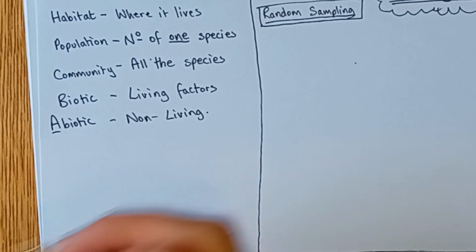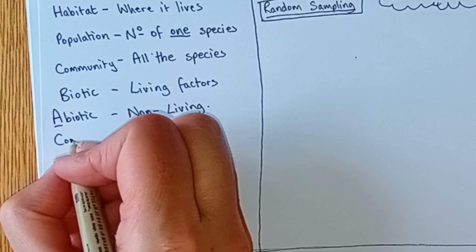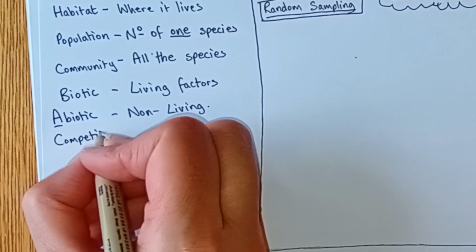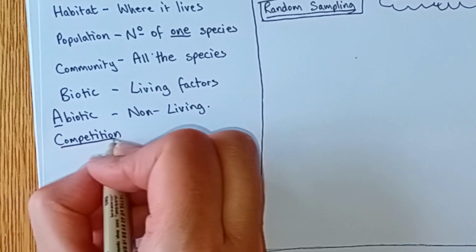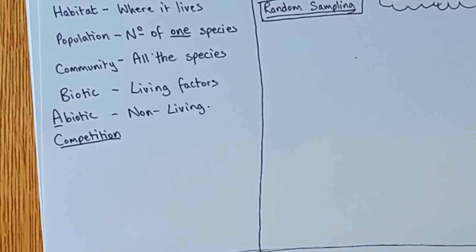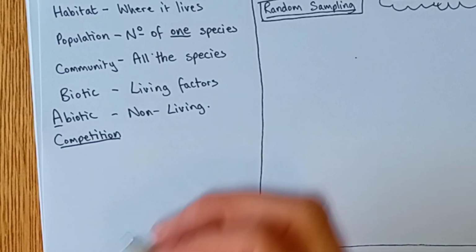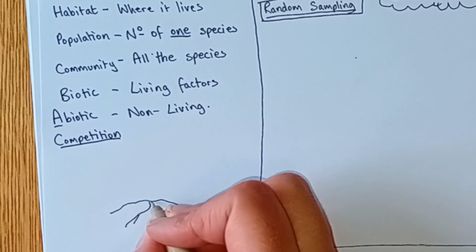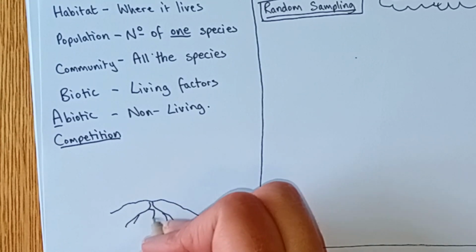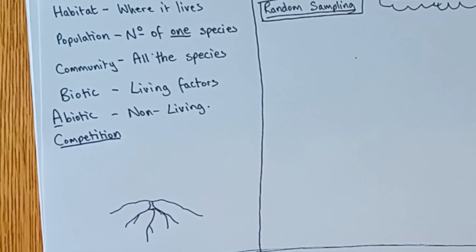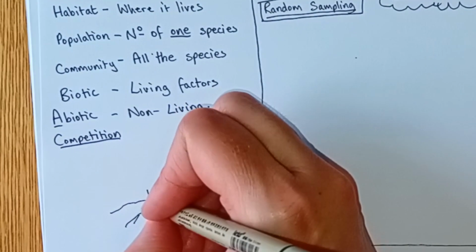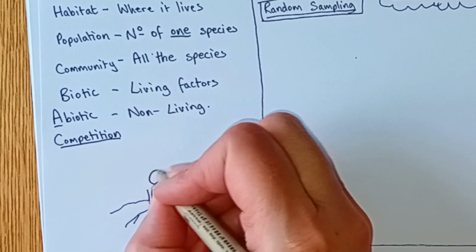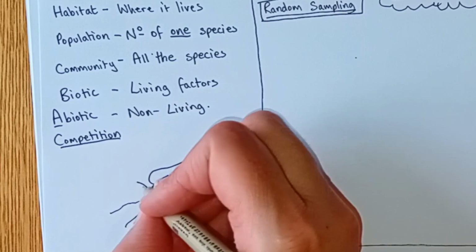We also need to have a little think about competition. And that's when organisms are after the same resources. So if I'm drawing a plant, there's my soil, here's my roots, and we've got our light with our leaves capturing it.